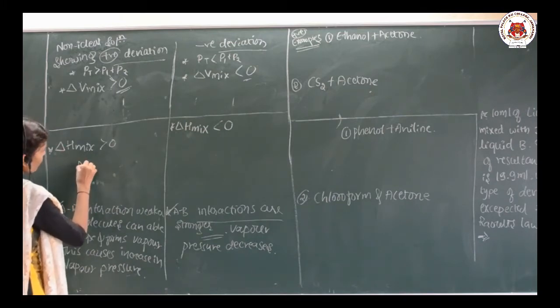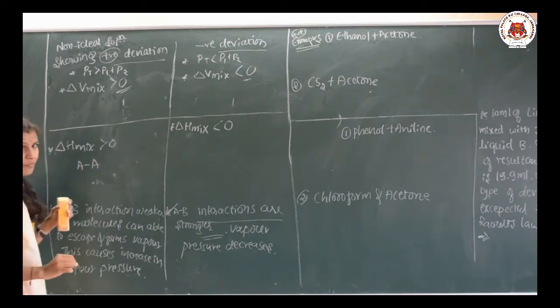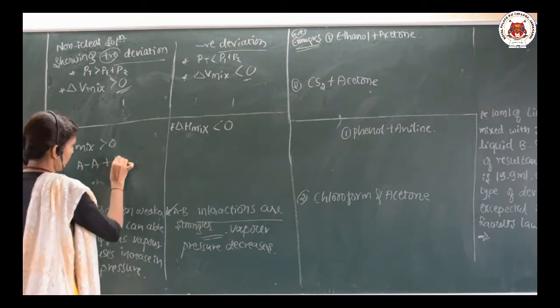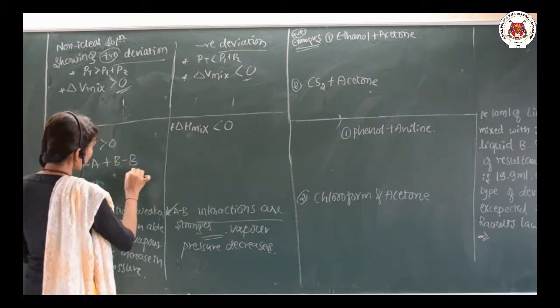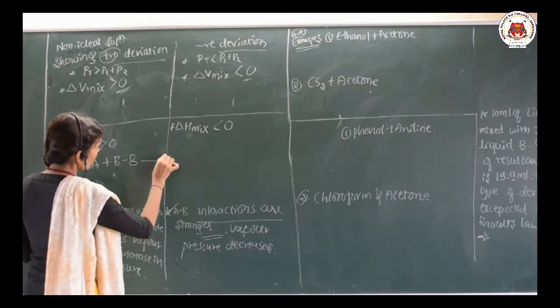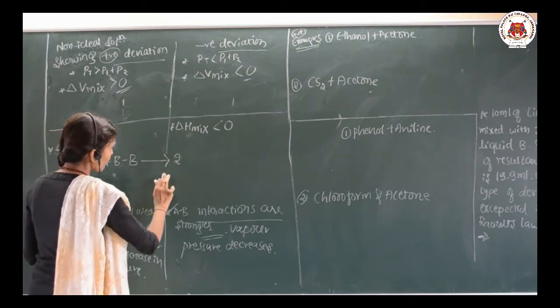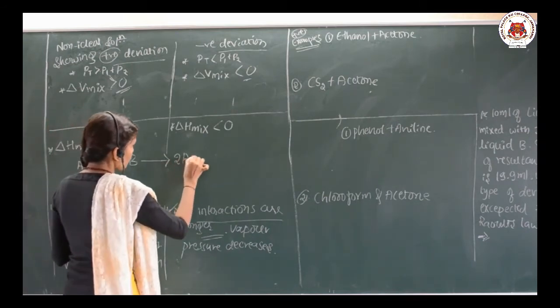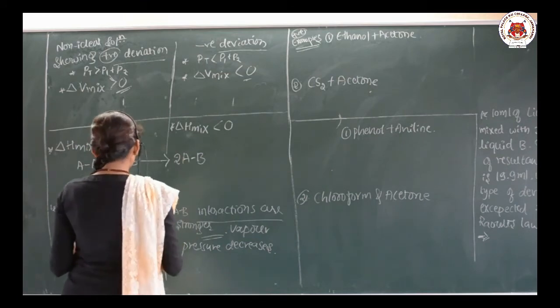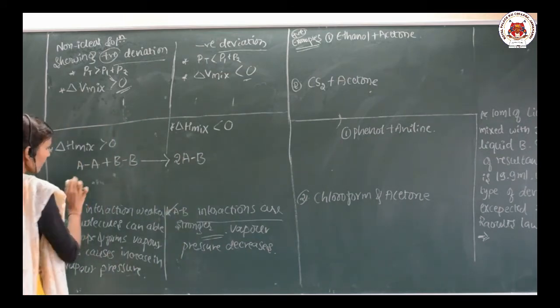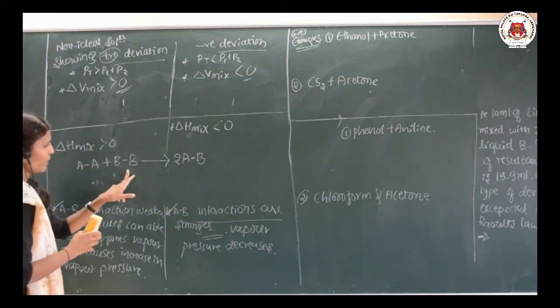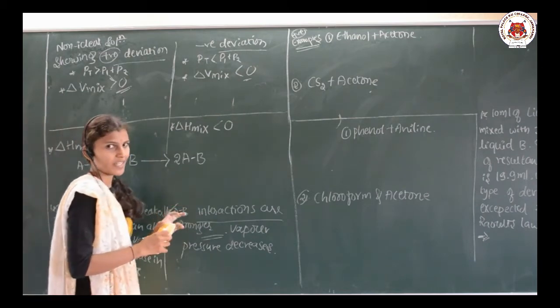So, solute to solute interaction combines with the solvent, there is a formation of the binary solution. Here AA interaction, BB interaction and AB interaction.